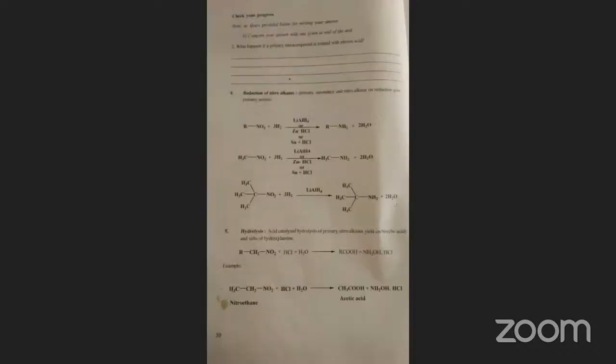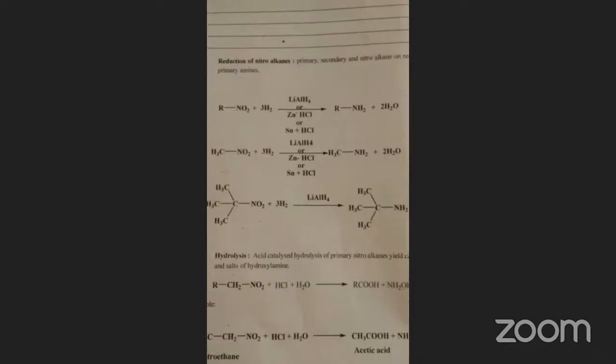The third one, the tertiary nitroalkane, or tertiary butyl nitro compound, is also reduced and produces the amino product. The main point is that when nitroalkanes are reduced, they produce primary, secondary, or tertiary amines.